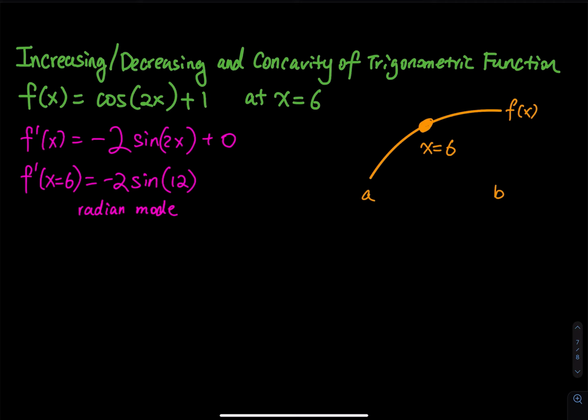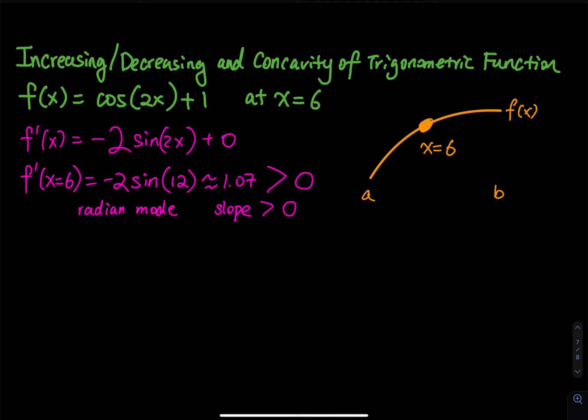All right. So you use the mode key, and then you type negative 2 times sine of 12. That is approximately equal to 1.07. The value doesn't matter. What matters the most is that it's greater than 0. So we have a slope greater than 0.